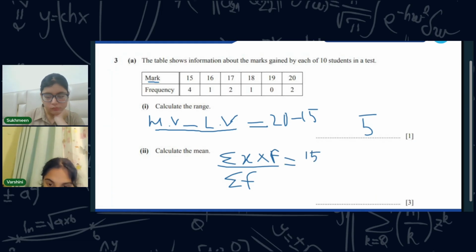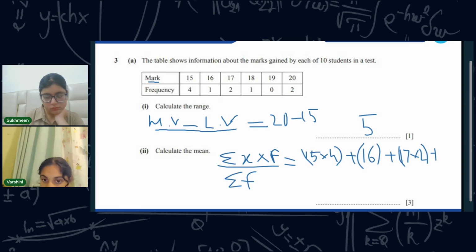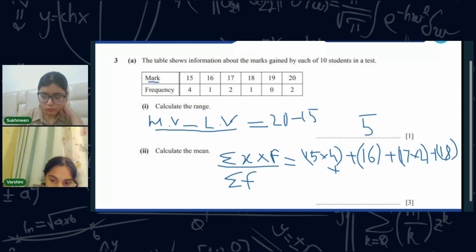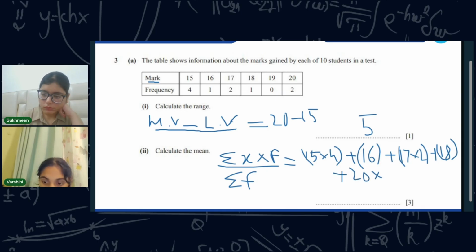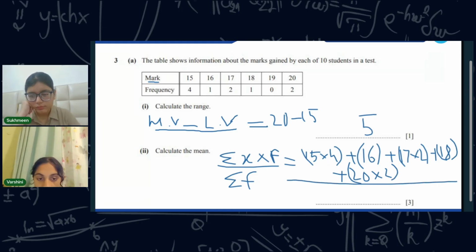That's 15 times 4 plus 16 times 1 plus 17 times 2 plus 18 times 1 plus 19 times 0, which we can ignore because it's not coming at all, plus 20 times 2. All of that is divided by 4 plus 1 plus 2 plus 1 plus 0 plus 2.